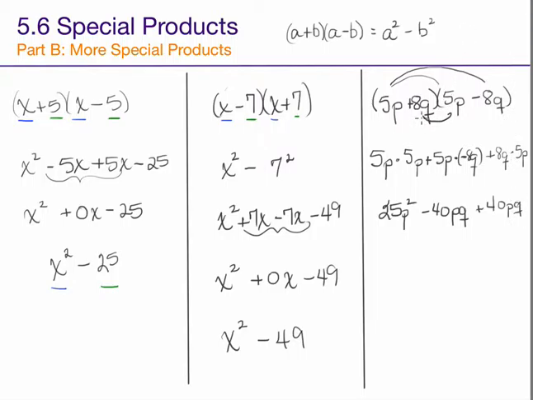And lastly, 8q times negative 8q will give me negative 64 q times itself, or q squared.